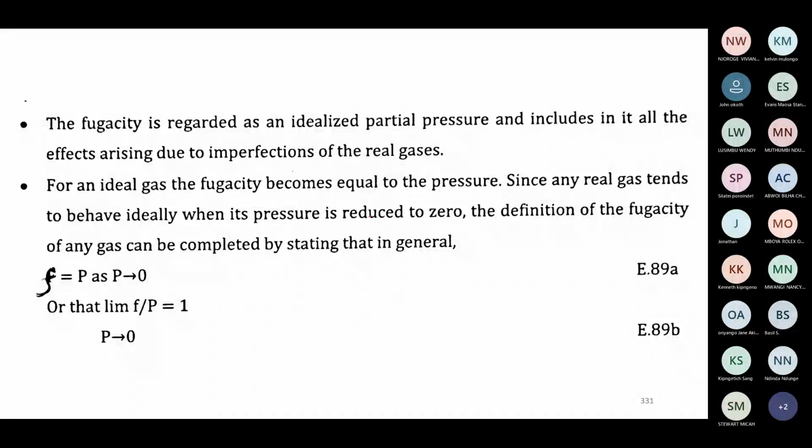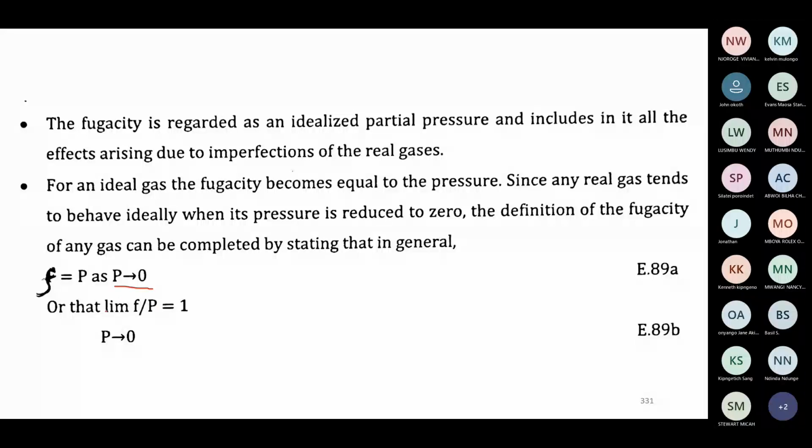Since any real gas tends to behave ideally when its pressure is reduced to zero, the definition of the fugacity of any gas can be completed by stating in general that f equals P as P tends towards zero.